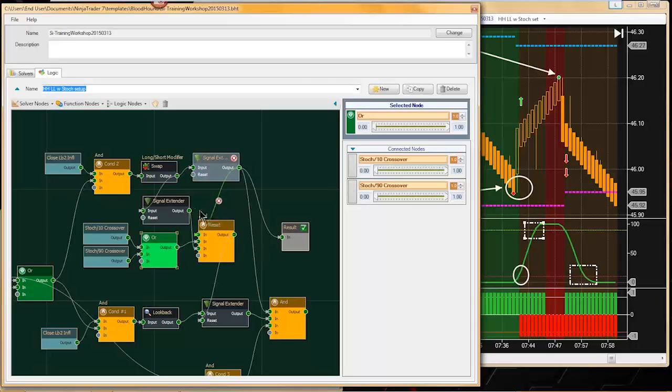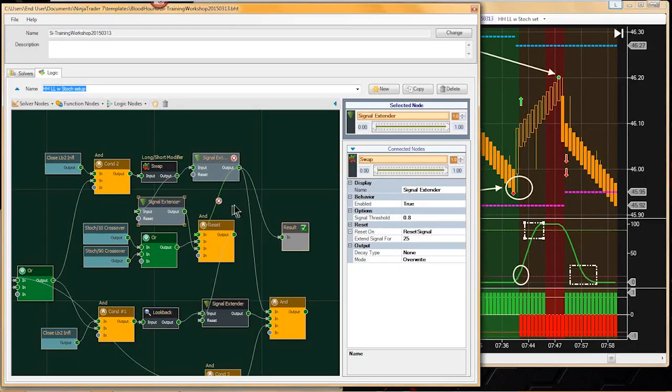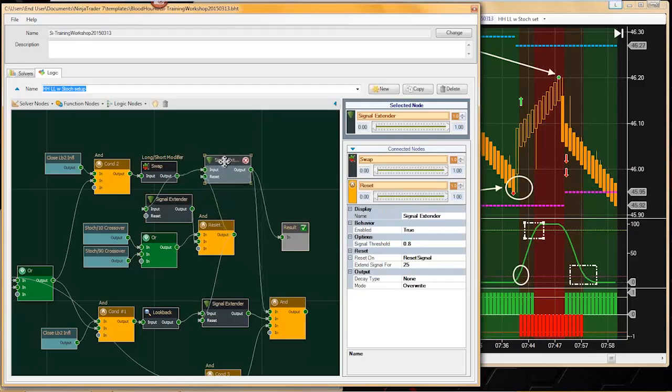Oh, oops, yeah, I need to disconnect that later. There we go. Yep. I only need to use the signal extender, this one here. So now let's take a look. All right, there we go. Now I can connect that up.